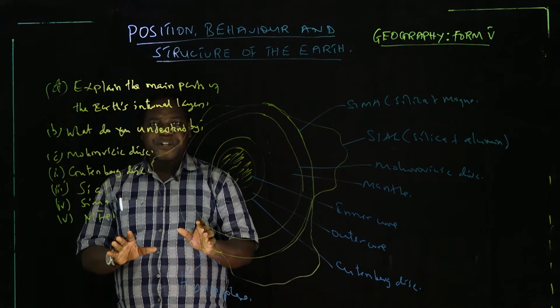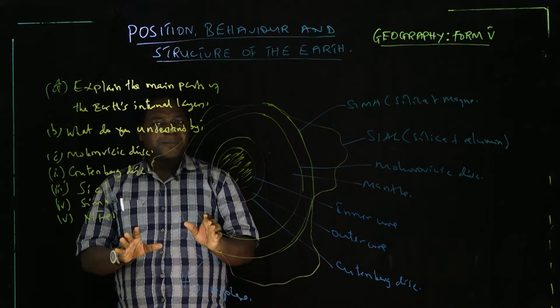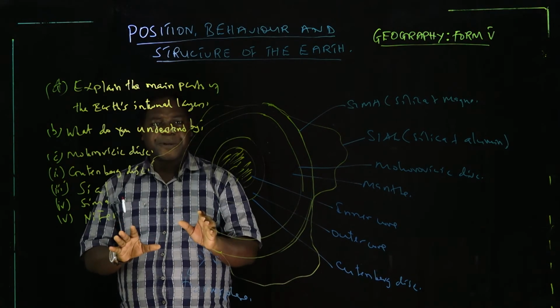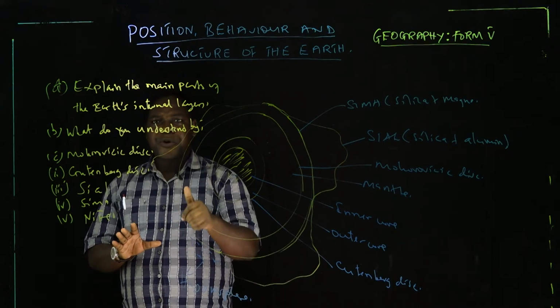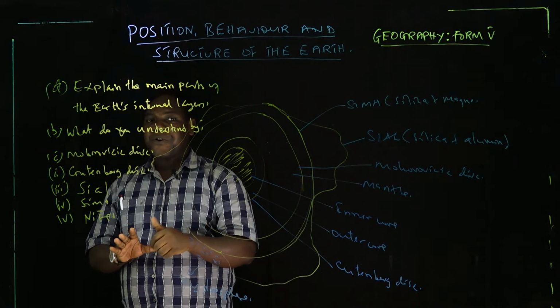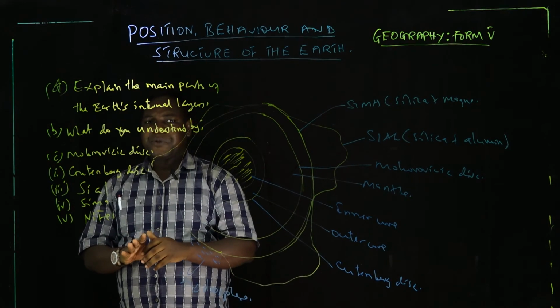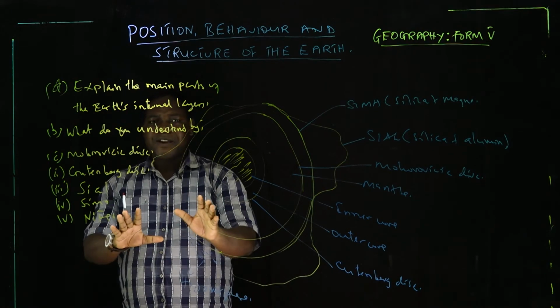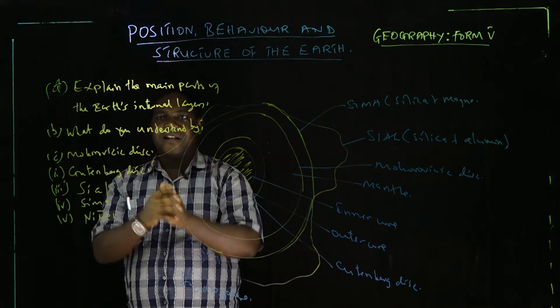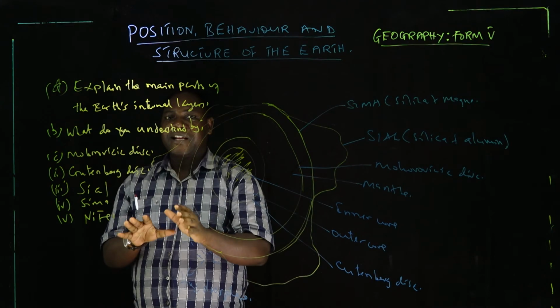Don't miss my session. Next lesson, we will move to the second topic of physical geography, the dynamic Earth and its consequences. Having seen the Earth internally and externally, we will see how dynamic it is.